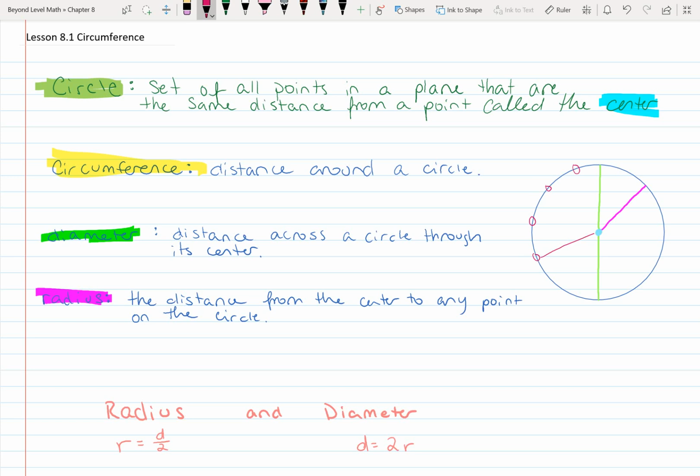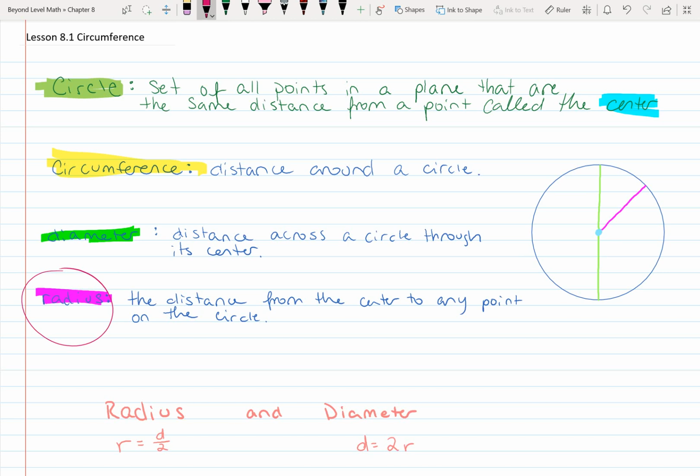If we look at the line going from the center to the edge of the circle, that is called the radius. That's the distance from the center to any point on the circle. Diameter is this green line, and I have highlighted everything in the same color that I used on the circle, just so you know.